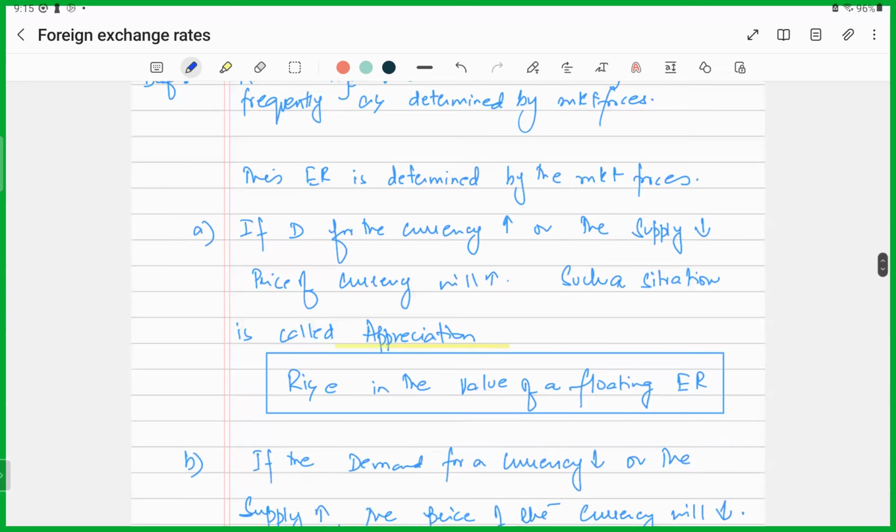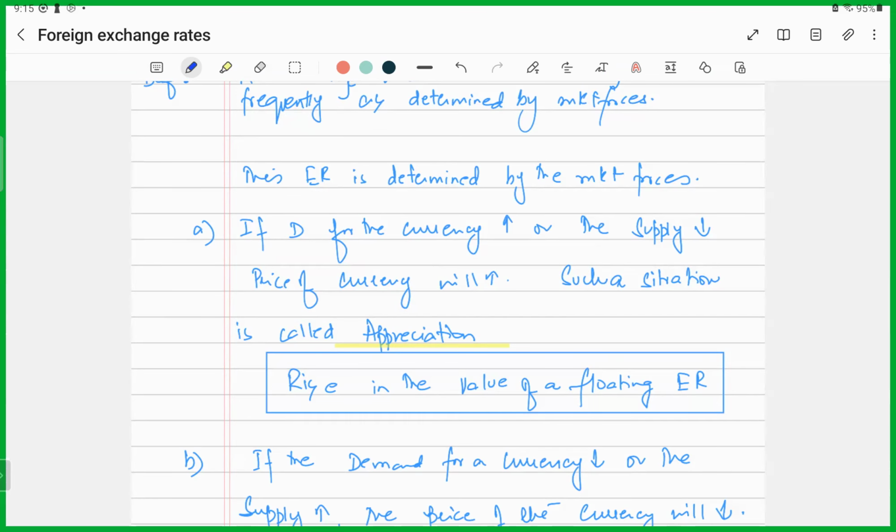Now what happens if the demand for the currency is increasing or the supply of the currency is falling? The price of the currency will rise. It should automatically pull up, right? Such a situation will be called what? Appreciation.